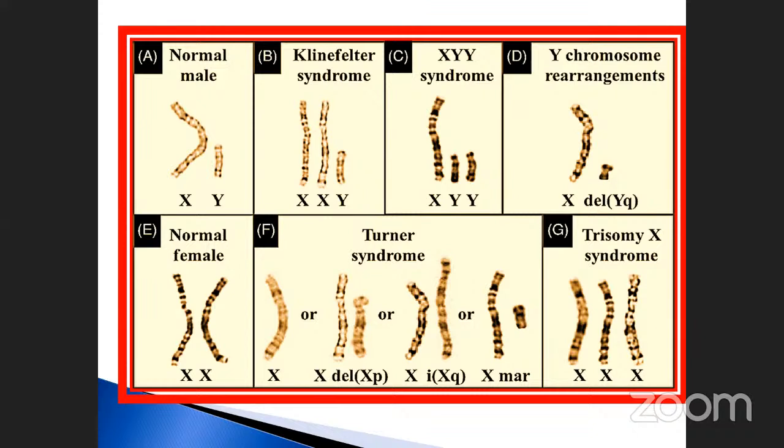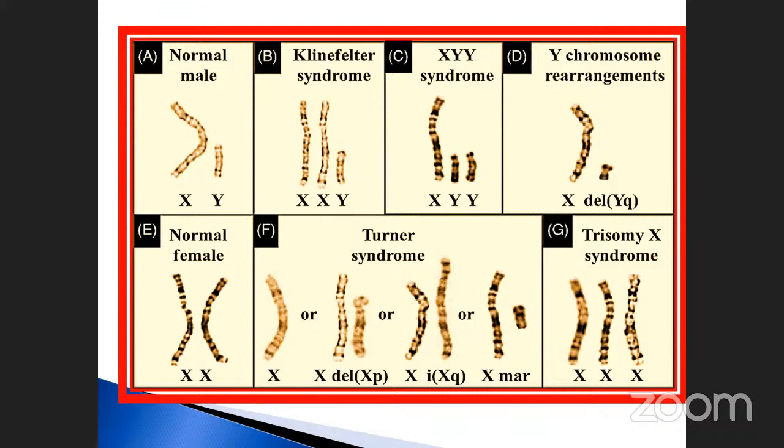Already we discussed in the introduction point. Here XY is the normal one, the addition of Y chromosome is this. This is the addition one, so here plus 1. Here also, the Y chromosome rearrangement is there. Here what happened? Deletion of Yq, like that they told. This is the normal one. The deletion, this chromosome is completely absent. These are all male related ones.